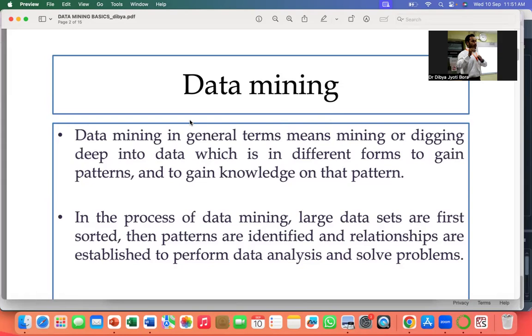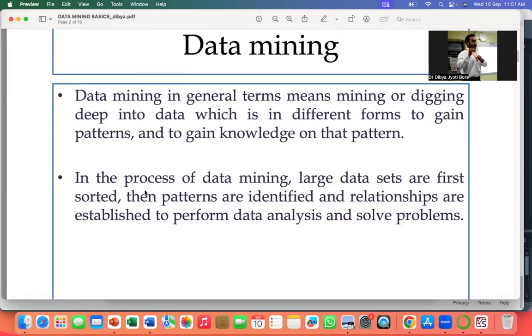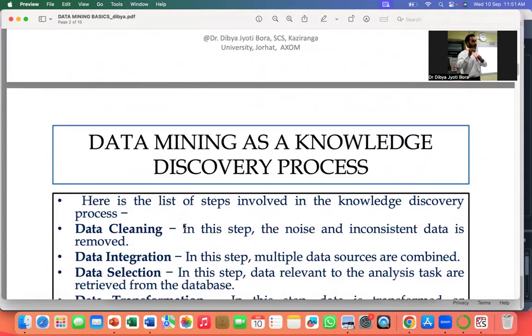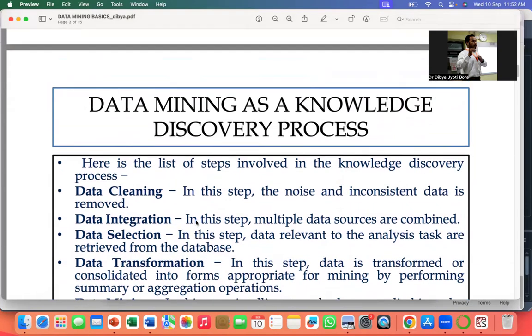Now, in the process of data mining, large data sets are first sorted, then patterns are identified, and relationships are established to perform data analysis and solve problems. This is a very common, very popular term in data mining, that is the KDD process.